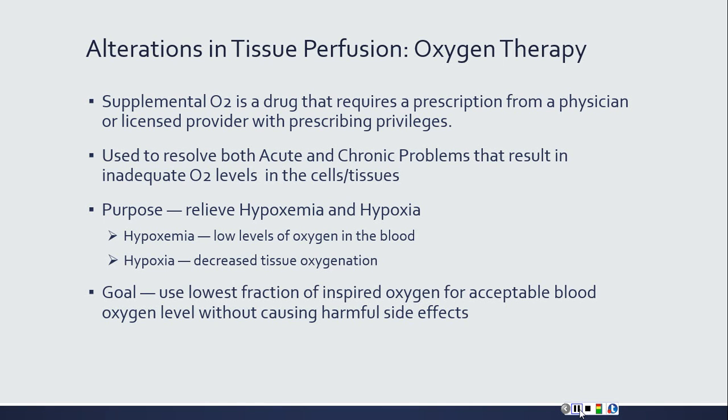What are some contraindications? A head injury. What else? Cerebral edema, spine. So head injury, spinal injury, anything that would prevent us from raising the head of the bed. What else?